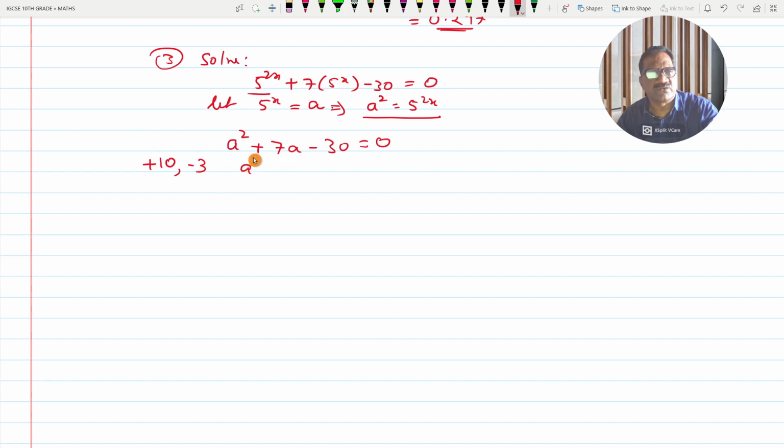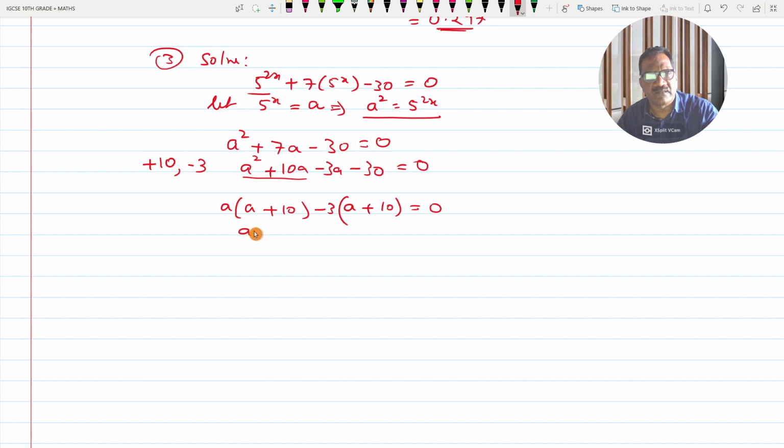So a square plus 10a minus 3a minus 30 equal to 0. And from here I'll take a common, a bracket a plus 10. From here I'm going to take minus 3 common, so this will be minus 3 times a plus 10.